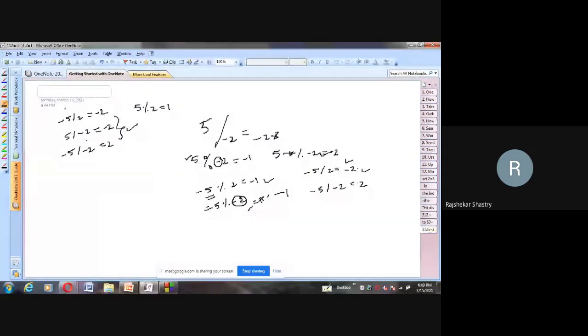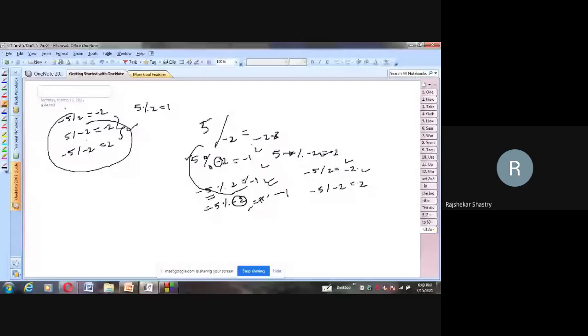But for the modular operator, we have to carefully observe the sign of the numerator. If the sign is negative, then the remainder is negative. Otherwise, it is positive. If the numerator is positive, then the remainder is also positive.